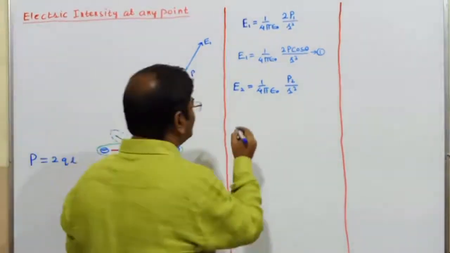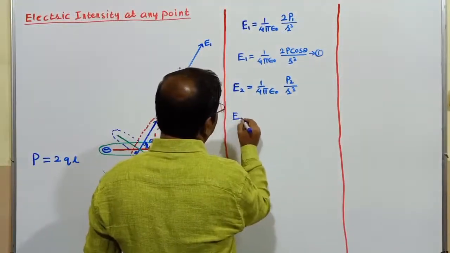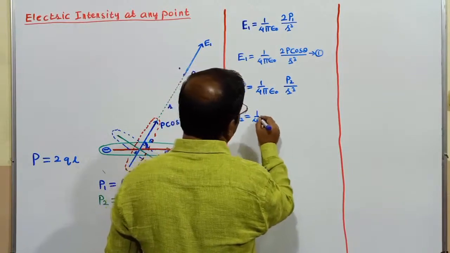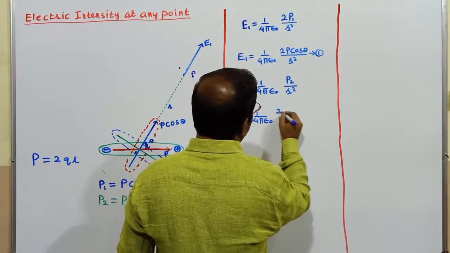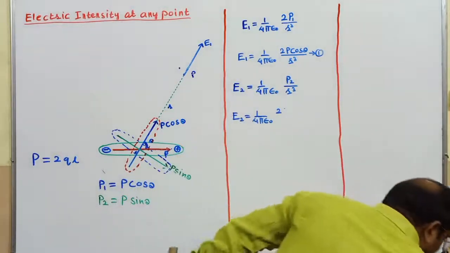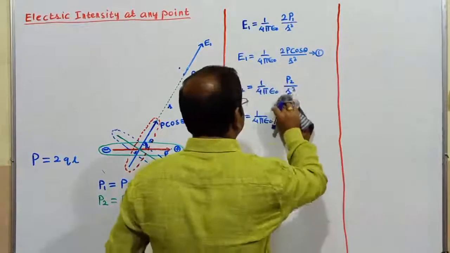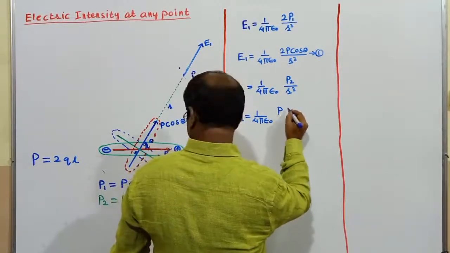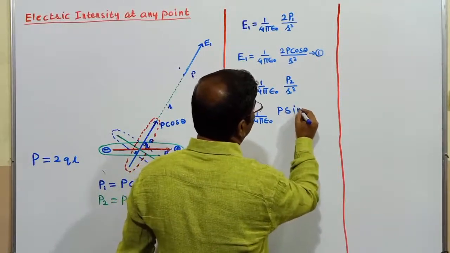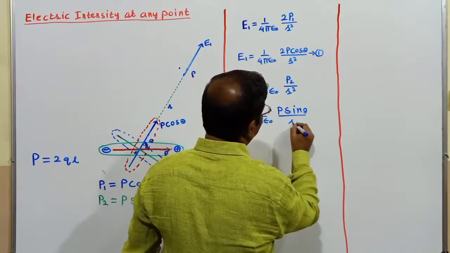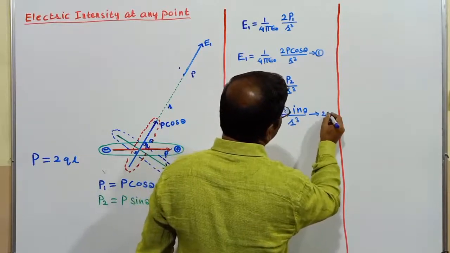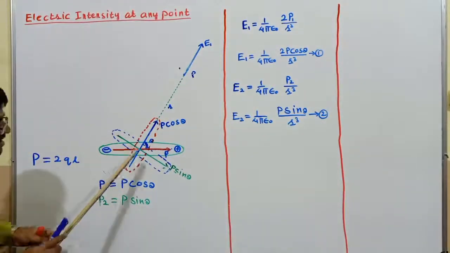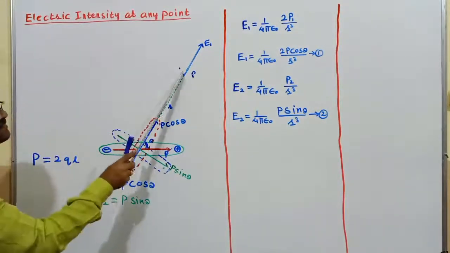P2 I have already made ready. E2 equals 1 upon 4 pi epsilon 0, P2 I have to write just. And how much is that? P sin theta by R cube, equation number 2. So I got the magnitude of electric intensity contributed by the second dipole.